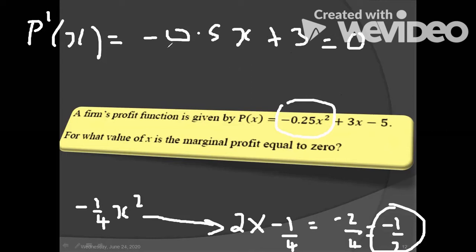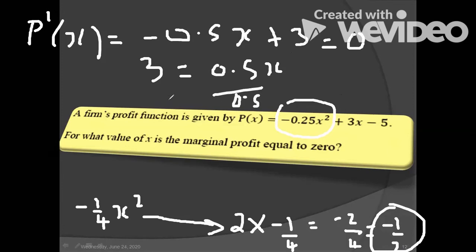I'm going to bring over the negative 0.5x, becomes positive 0.5x. So we have 3 equals 0.5x. I'll just divide everything by 0.5. These two 0.5 will cancel out. So x is equal to 3 divided by 0.5, which is 6.